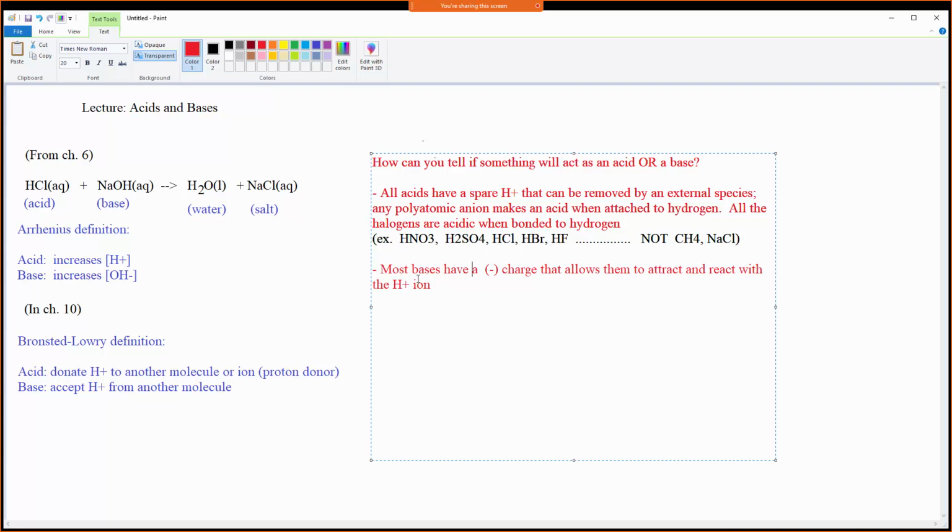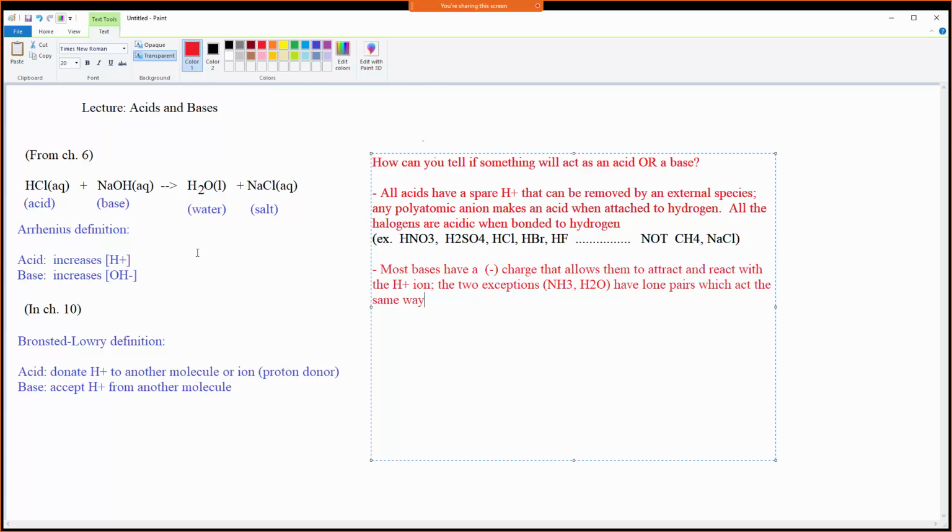And there are two that are neutral, right? So I'll put this in here. The two exceptions, which are NH3 and H2O, they can act as bases, although the H2O is not super basic. They have lone pairs, which act the same way.